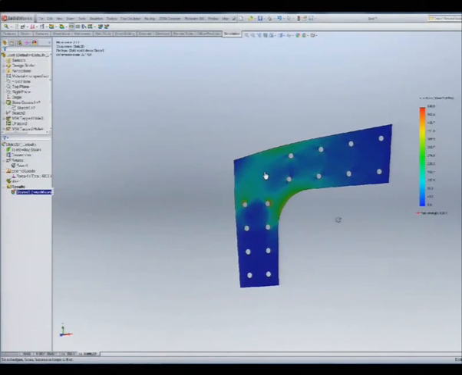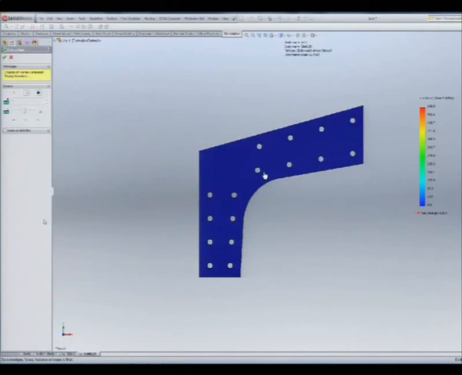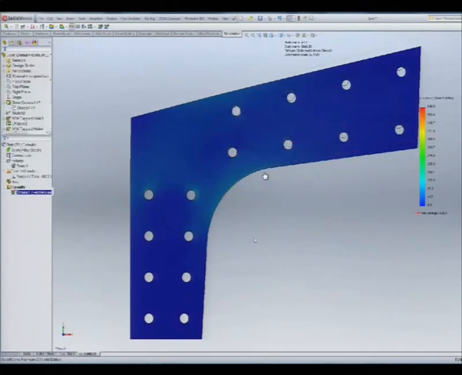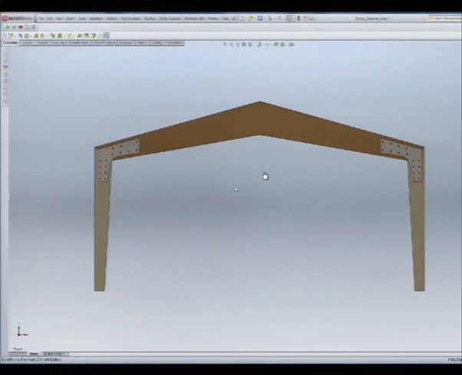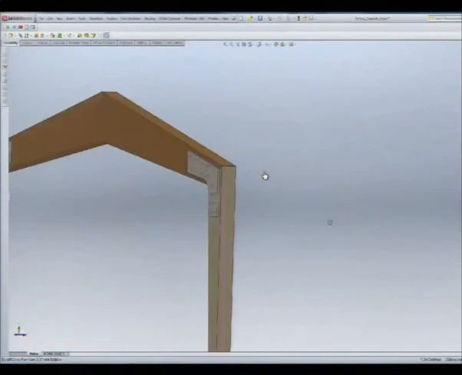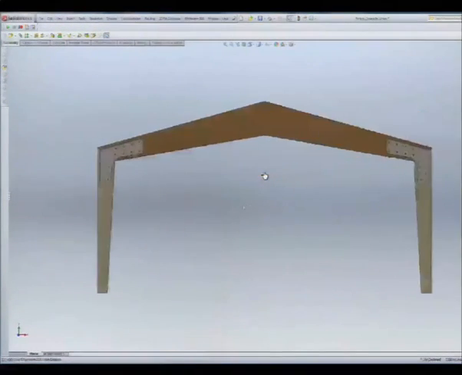So it's a very good design, because it's optimized. This is almost the same as in 3D, right? And of course, in the assembly, the joint is updated, and the job is done.